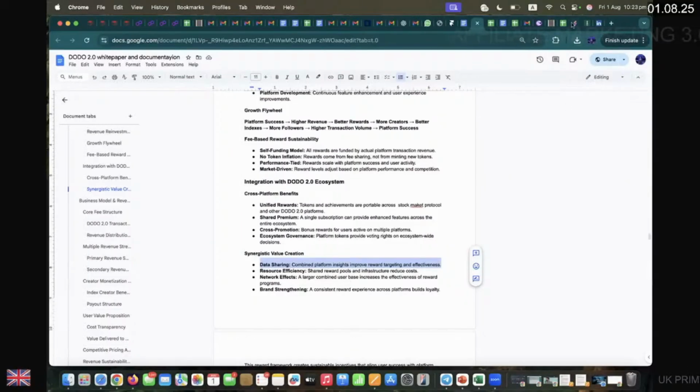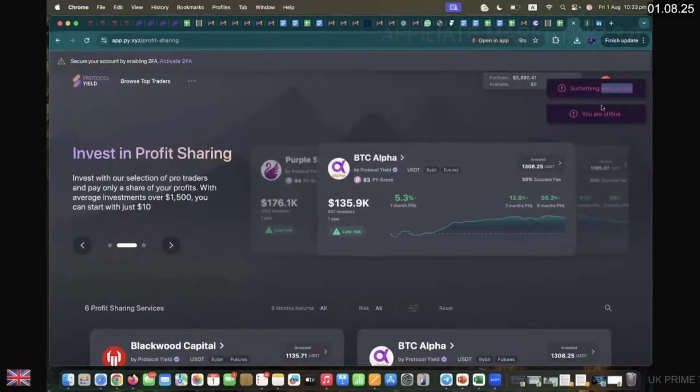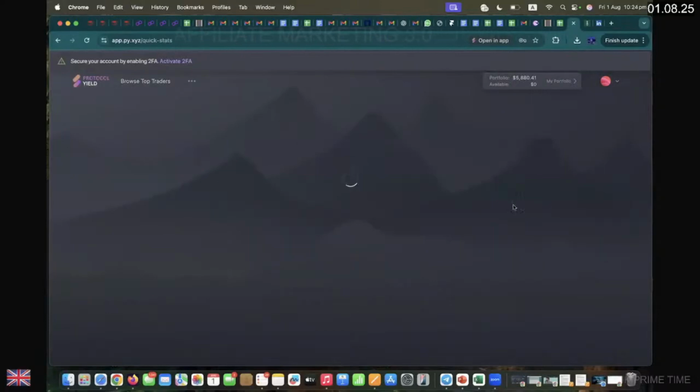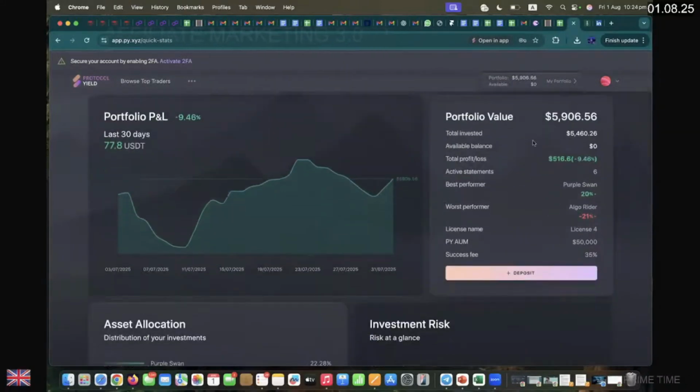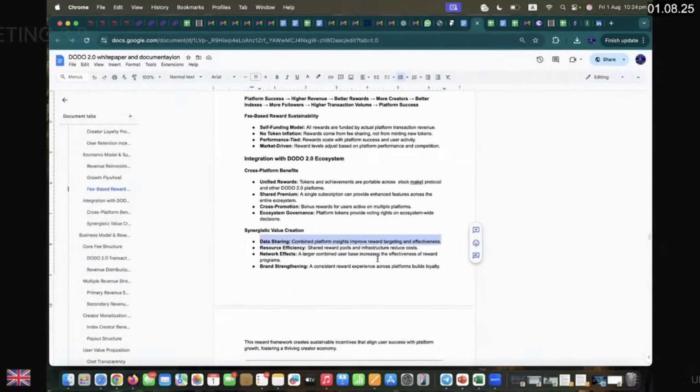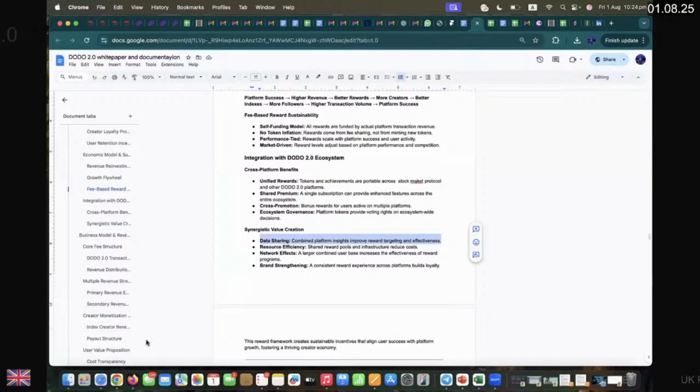So if we go on Pi and we see the quick stats, we will be able to see our whole portfolio at a glance, that this much profit we have made as a platform. So this will be cross-platform both in the stock market protocol as well as the crypto index trading platform.